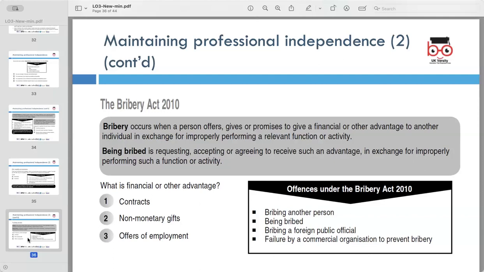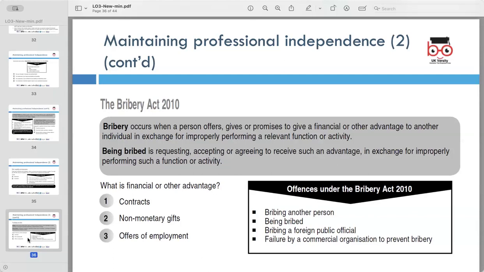So this Act applies to various scenarios, including contracts, non-monetary gifts, offers of employment, and interaction with foreign public officials. Offenses under the Bribery Act include bribing another person, being bribed, bribing a foreign public official, and failure by a commercial organization to prevent bribery.